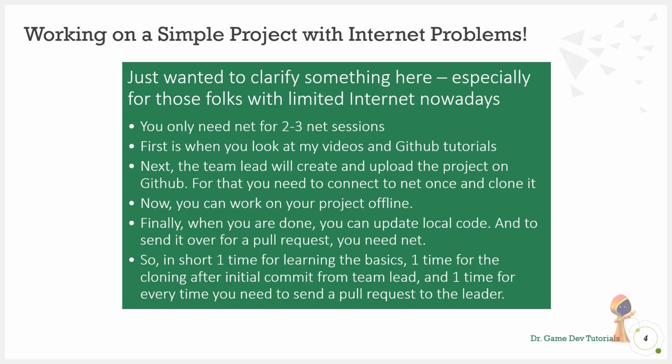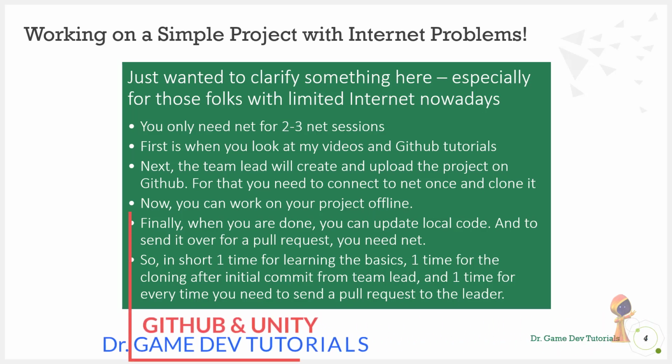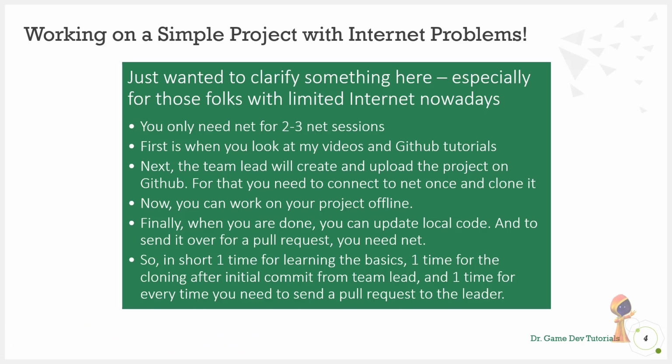When you're done, you need the net again. After you commit locally to your branch and you want to send it to the master branch, you have to request a pull. For that you need net. So there are just three different instances where you need net. The first is when you're learning the basics, then when you're cloning after the initial commit from the team lead, and then one time for every time you need to send a pull request to the leader.